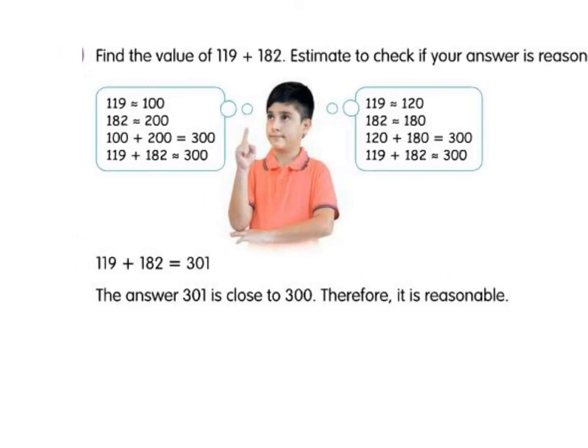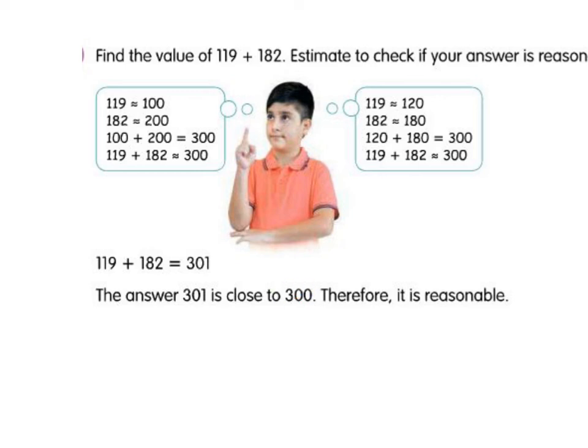You've got the example here of 119 plus 182. Now, if you calculate it, you might realise that the answer is 301. But we could do a quick estimating calculation, a quick rounding calculation to check if our answer is reasonable. If we rounded this to 100 and we rounded this to 200, 200 plus 100 would be about 300.